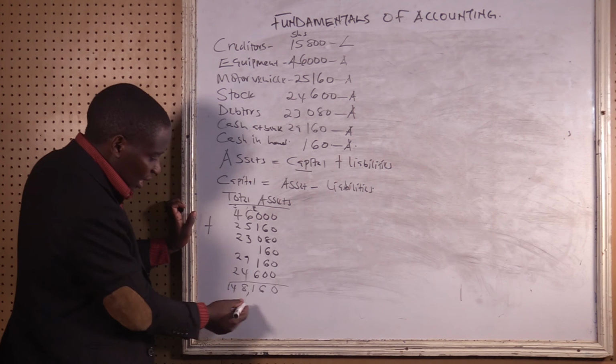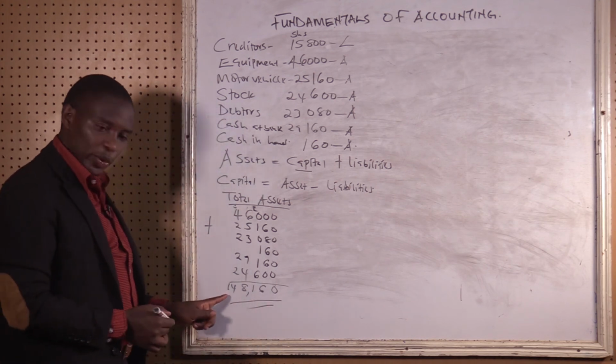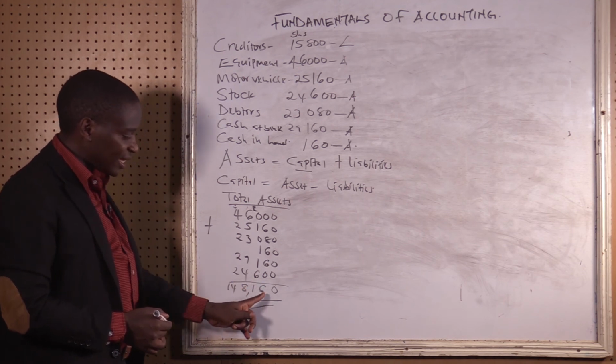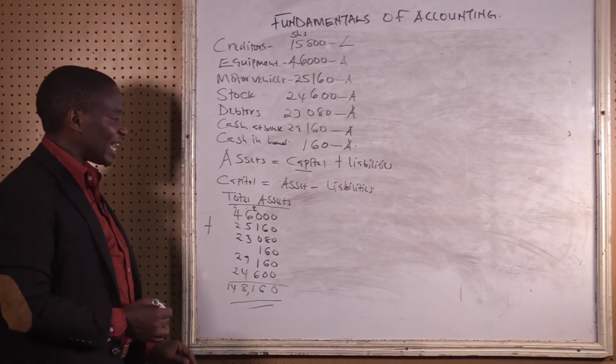So our total assets are equal to 148,160 shillings.